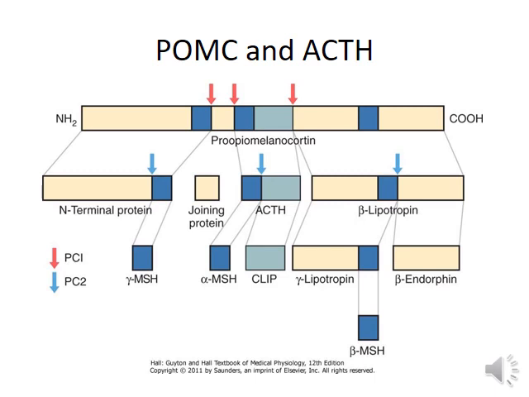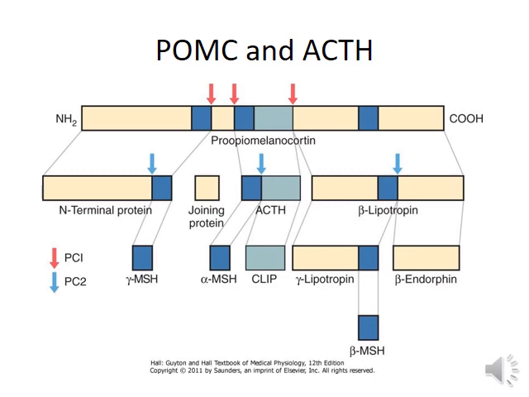We call it POMC, the abbreviation for pro-opiomelanocortin protein. This big protein contains some parts of the opioid system, which is beta endorphin, and melanocortin, which are alpha MSH, beta MSH, and gamma MSH, and also corticotropin, which is ACTH.